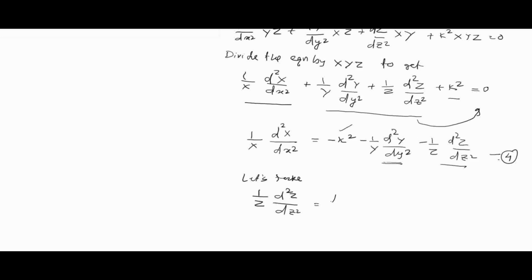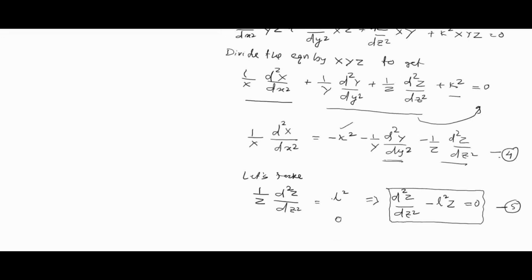This is equal to l², clear? That implies we will get d²z/dz² minus l²z. This z when it comes to the right side will be multiplied, and when l² and z are moved to the left side, it will become minus l²z equal to 0. This is our first ODE, ordinary differential equation, equation number 5.